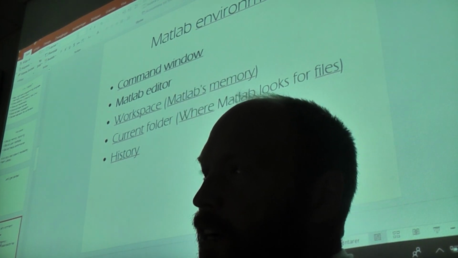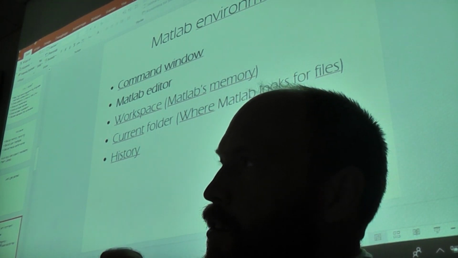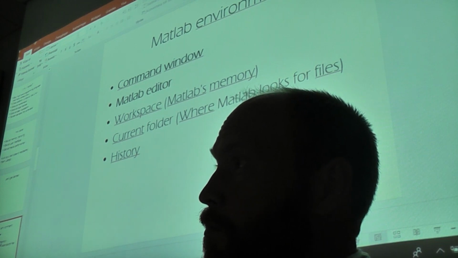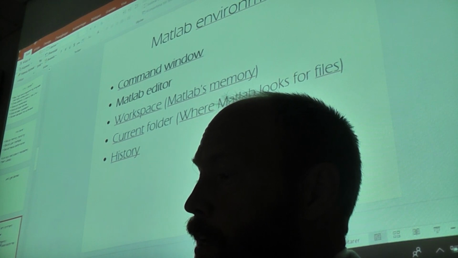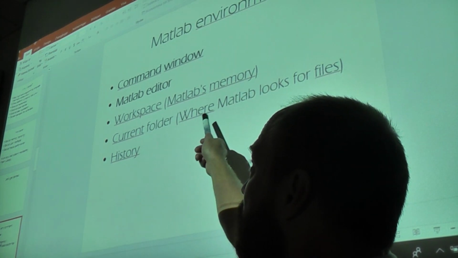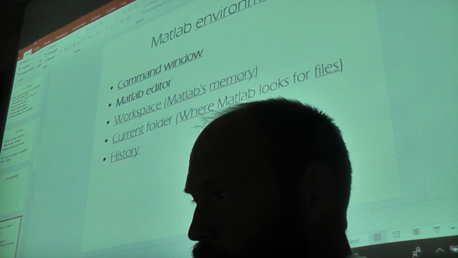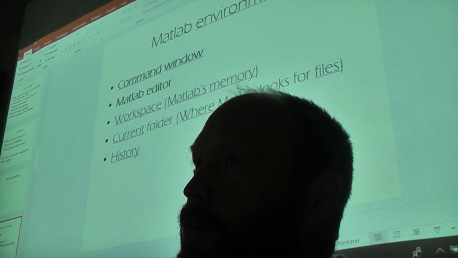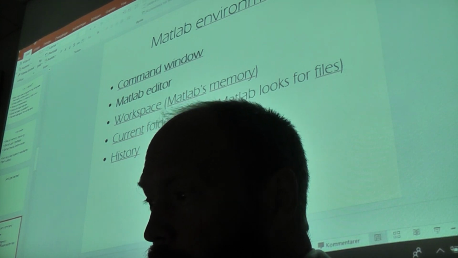So if you have a text file, before you can do anything with it, you have to read it into MATLAB's workspace. That's the memory of MATLAB. And then you also have the current folder window and the history window, so you can click around and drag files into the command window and so on.